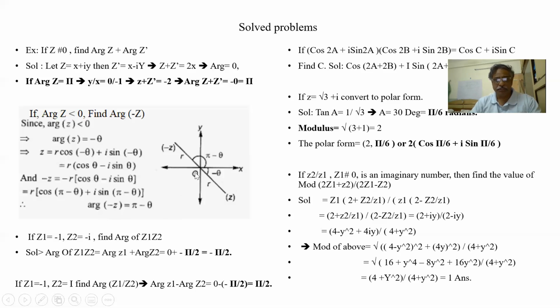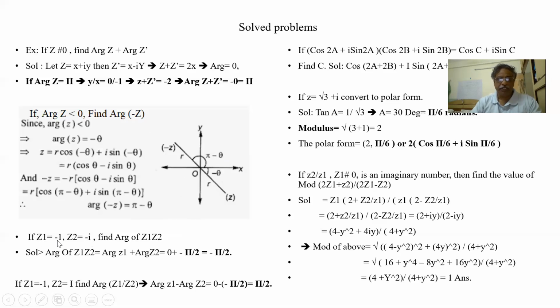Of course, this is also minus theta, so z is here, minus theta on this side, and minus z will be here. From here to here is 180, so from here onwards we have to reduce this theta from pi. So this is pi minus theta, same as this. So this is the relation between z and minus z.